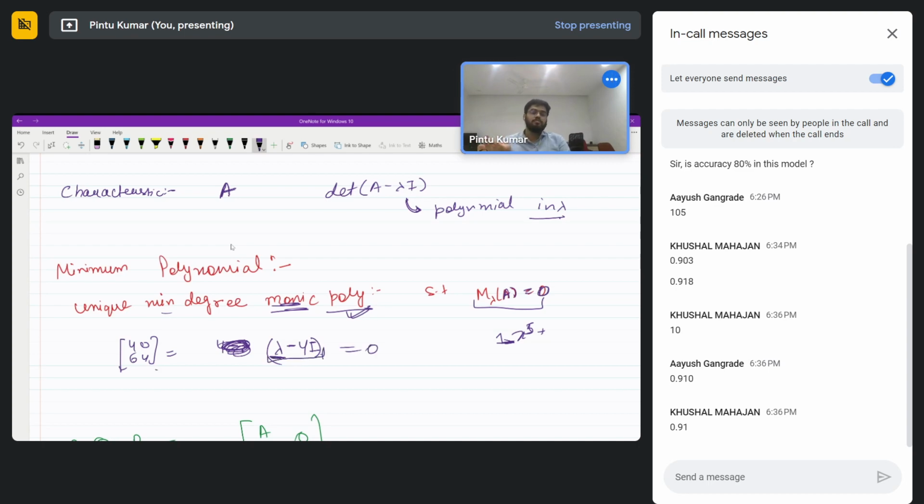So this is the minimum polynomial for your matrix A. This minimal polynomial and your characteristic polynomial will have some relation with Jordan canonical form that we will talk about later on. That's why I just wanted to define it here.